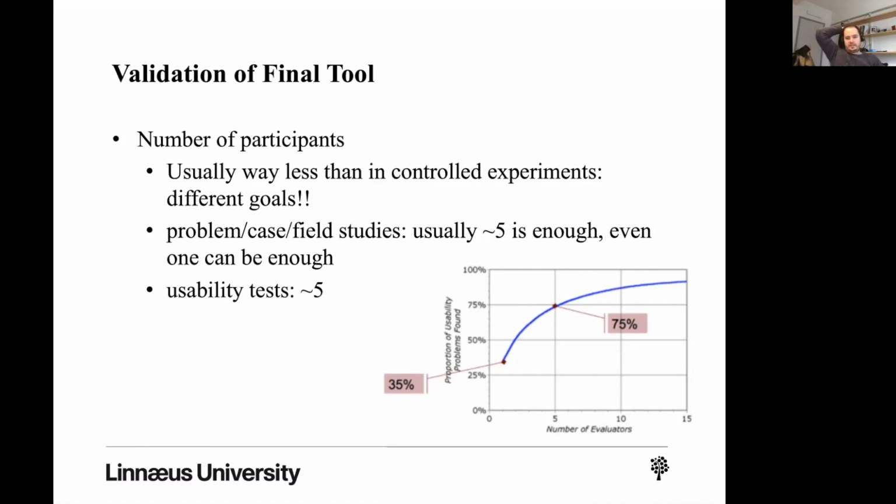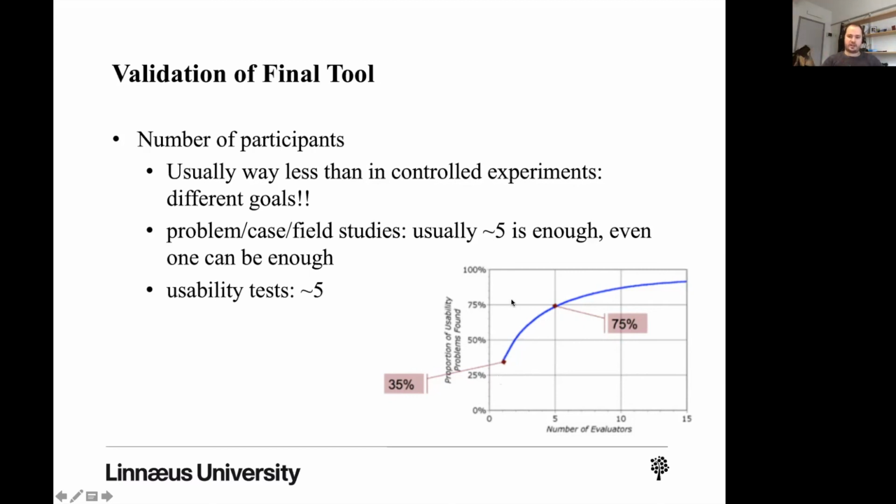And this little graphic over here gives you an intuition about that, which is that by doing a usability test or a field study with one person, you can already get like 35% of the usability problems that the tool has, so to speak.